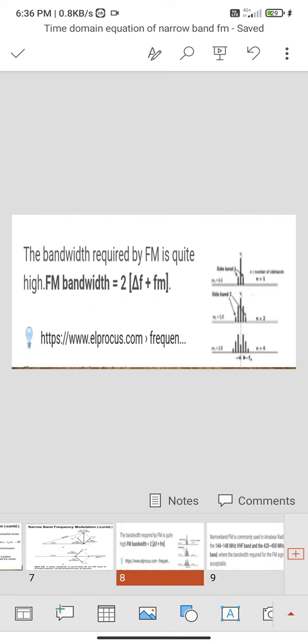The bandwidth required for FM is quite high. FM bandwidth equals 2 times delta f plus fm.